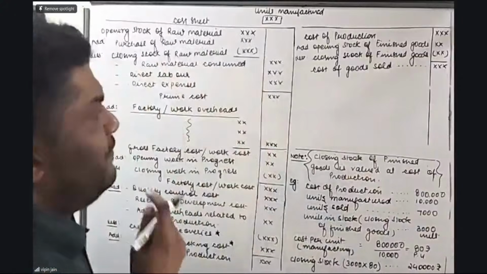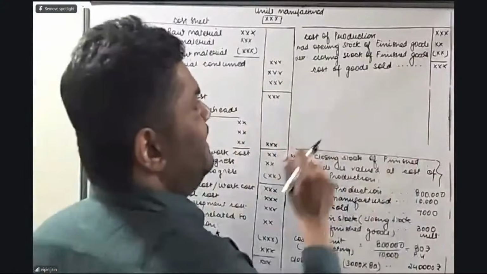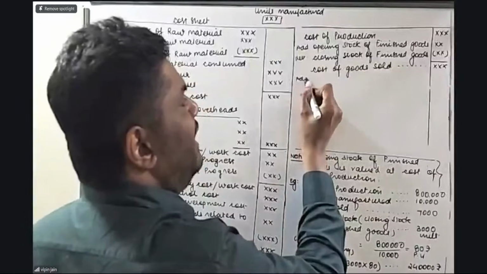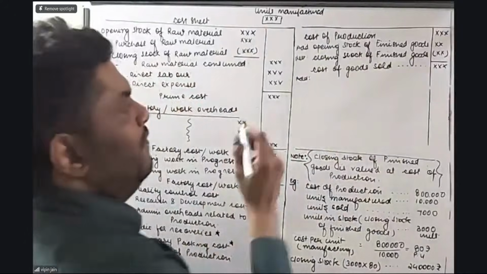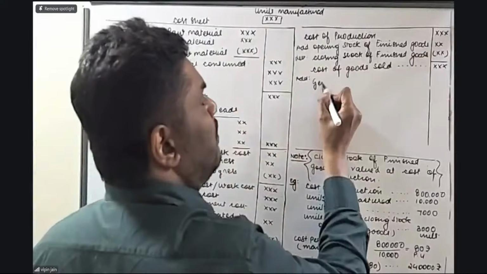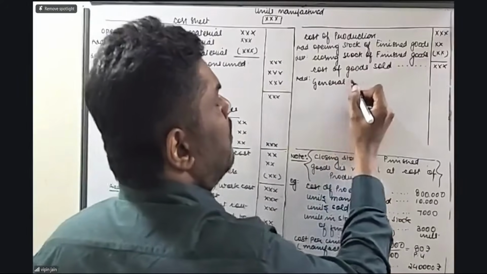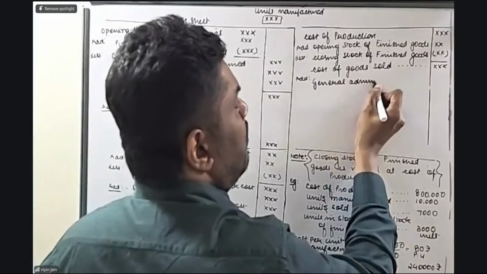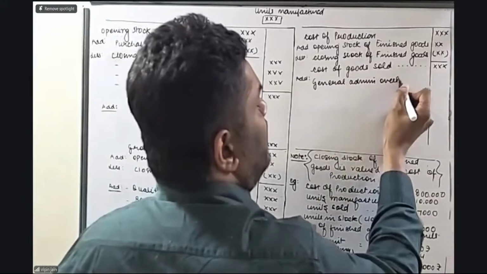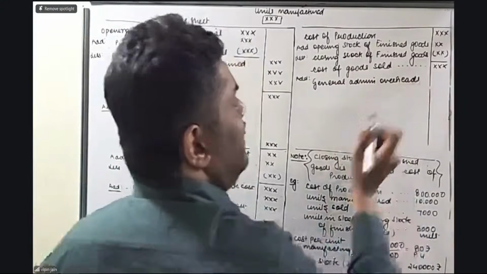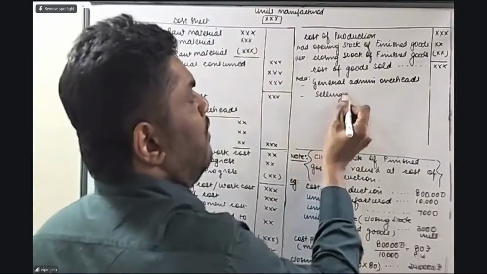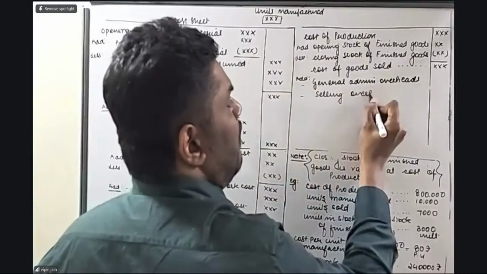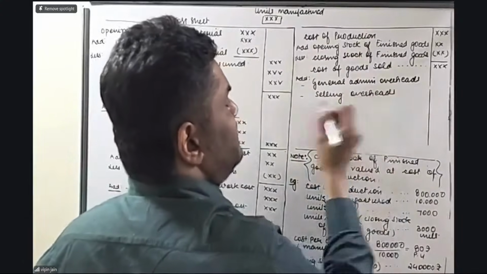Now let's proceed further. After calculating the cost of goods sold, we have to add a few more items. First one is general administration overheads. Next is selling overheads.